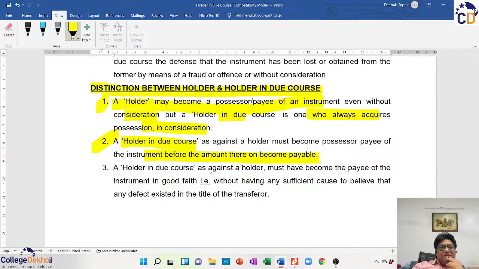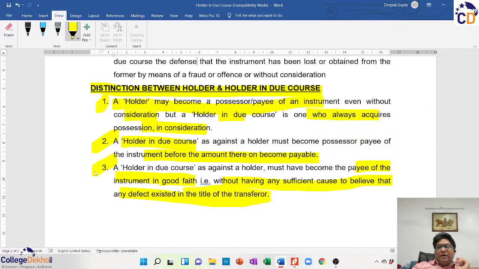And in the third case, a holder in due course, as against a holder, must have become the payee in good faith. When I use the word good faith, that is the good title. That is, without having any sufficient cause to believe that there was a defect in the title of the transferor. That is the third difference.